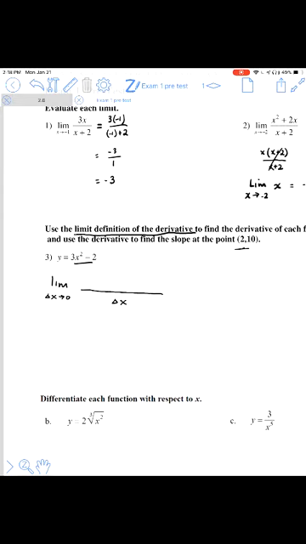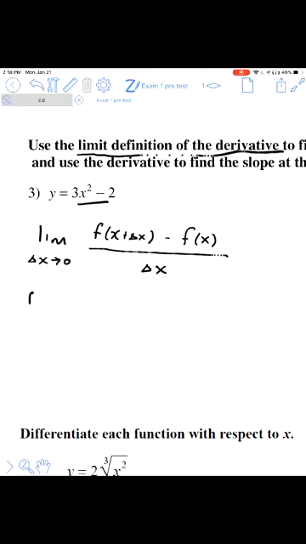Remember, we had a delta x in the denominator. Numerator was f of x plus delta x minus f of x. So we need to figure out what is f of x plus delta x first of all.